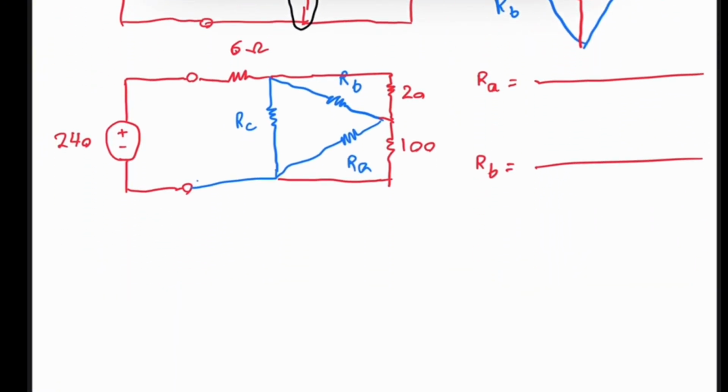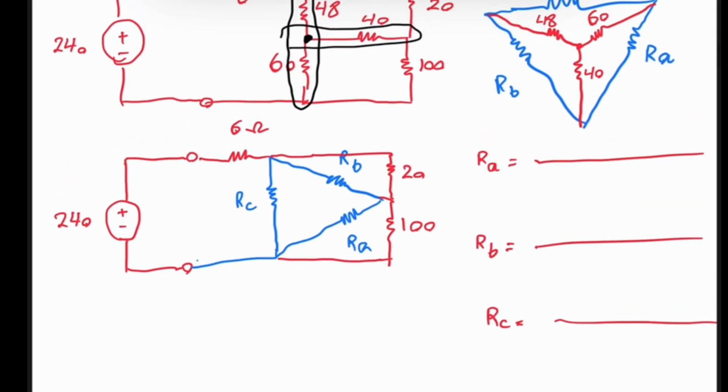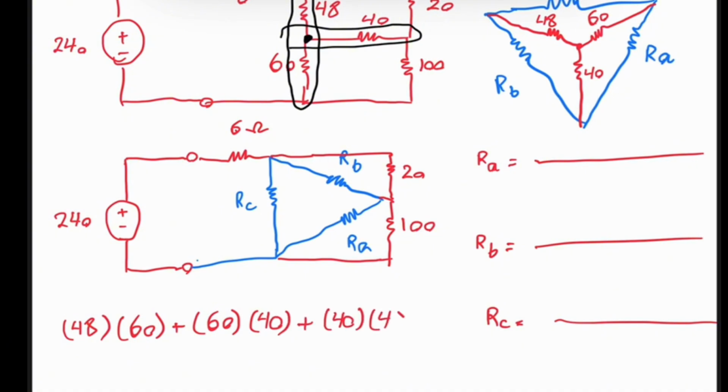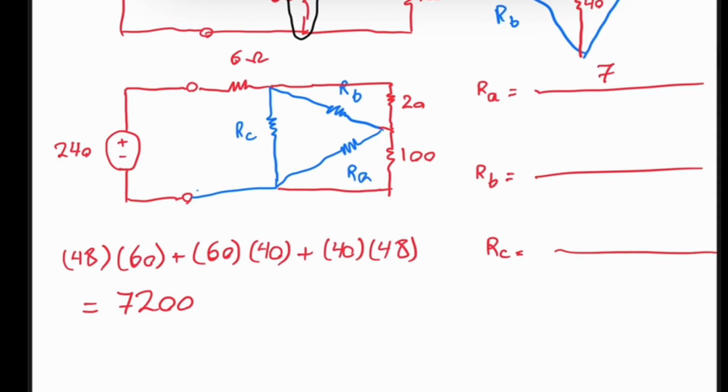So my numerator for all resistors is 48 times 60 plus 60 times 40 plus 40 times 48, which gives me 7,200.